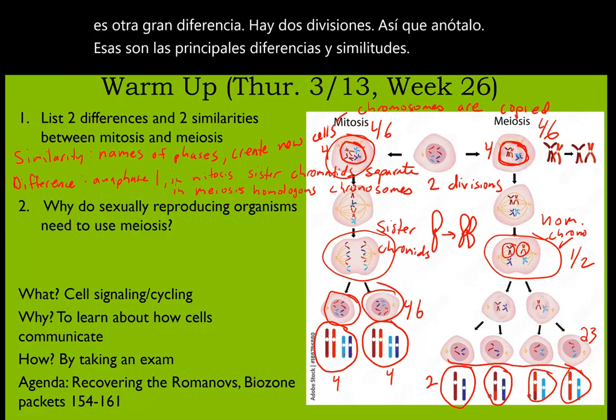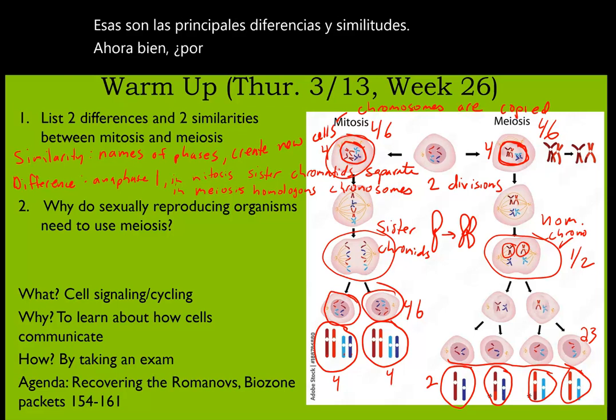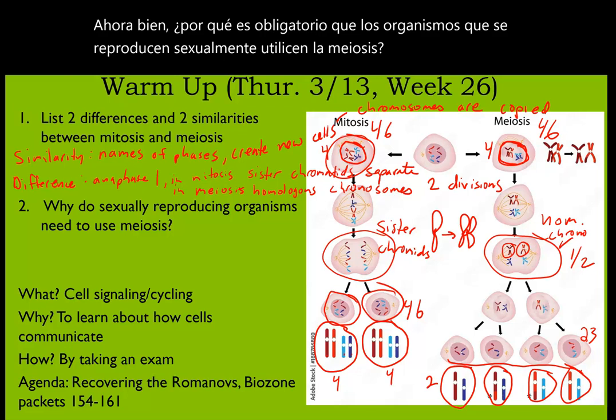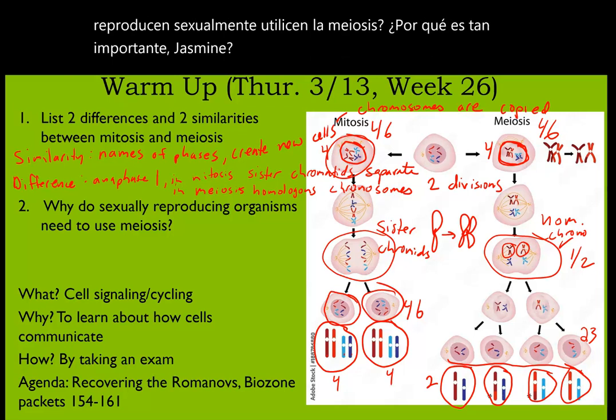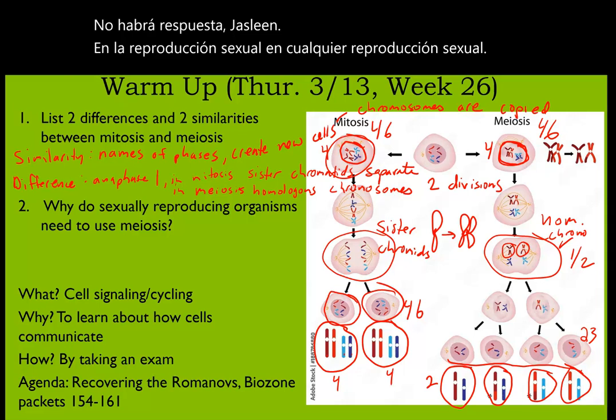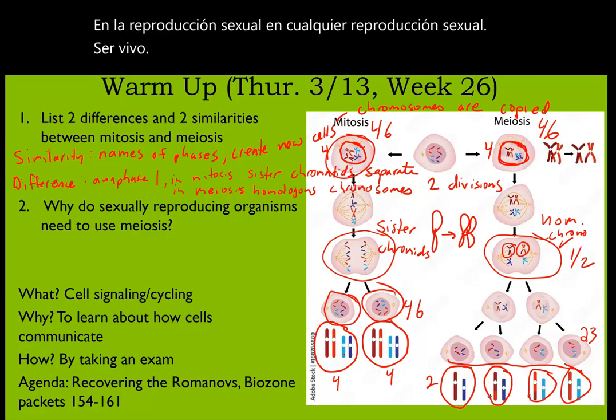Now, why is it a must that sexually reproducing organisms use meiosis? Why is that so critical? Jasleen? No answer? Well, Jasleen, in sexual reproduction, in any sexually reproducing living thing, what comes together to make that organism?